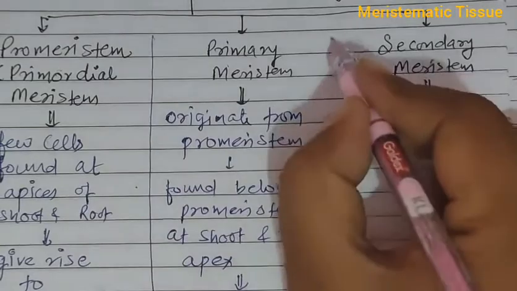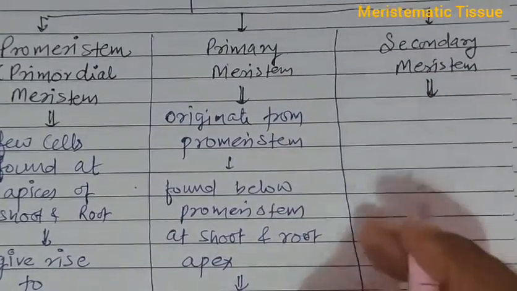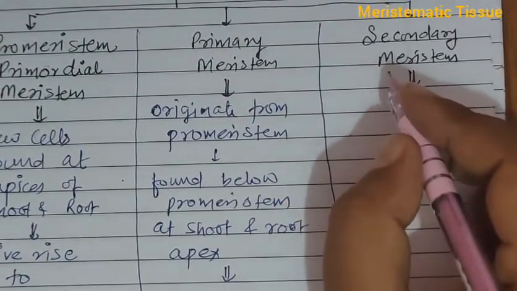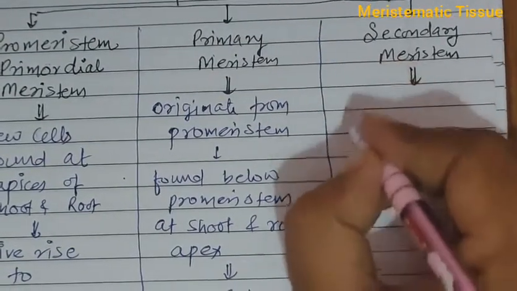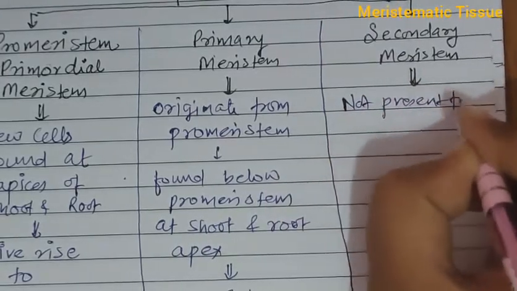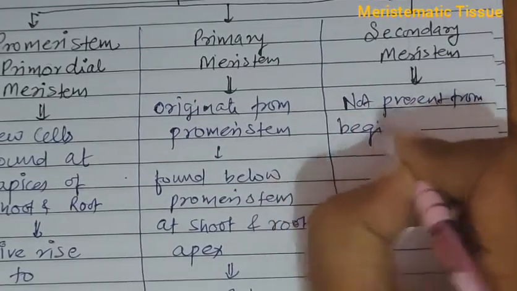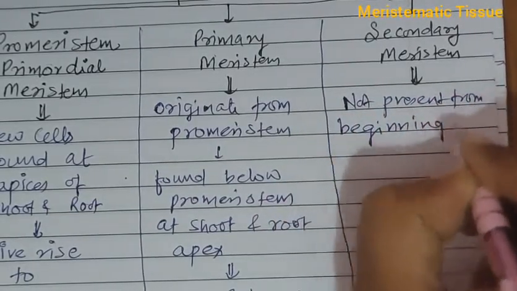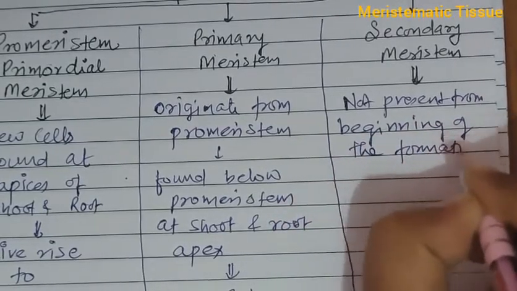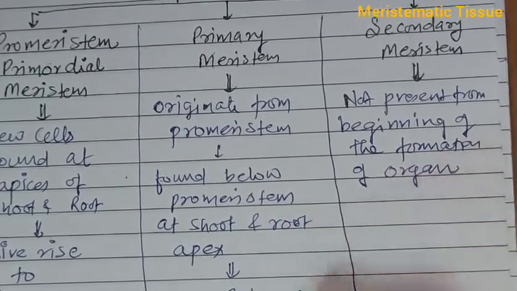Now after primary meristem we talk about secondary meristem. Now the secondary meristem are not present from the beginning of the formation of the organ of the plant.